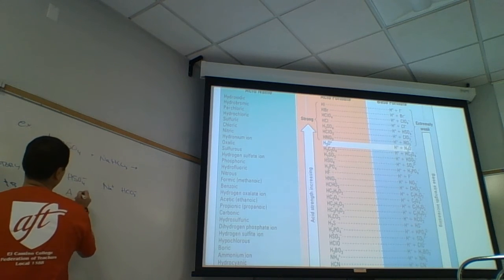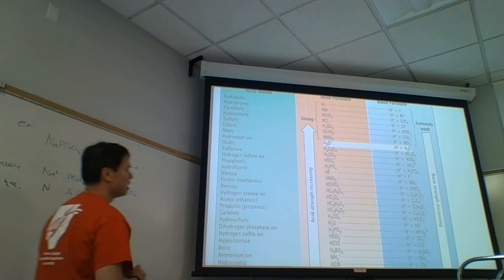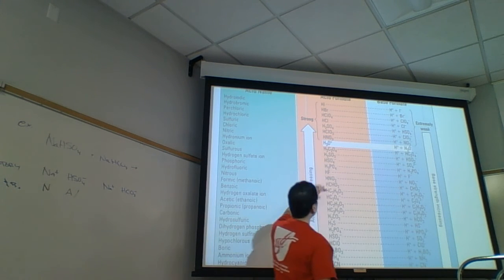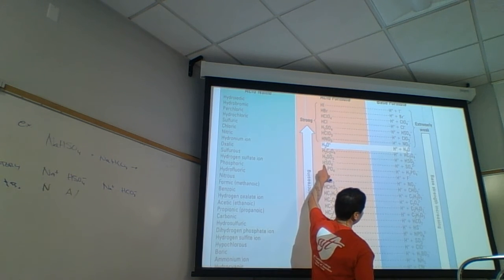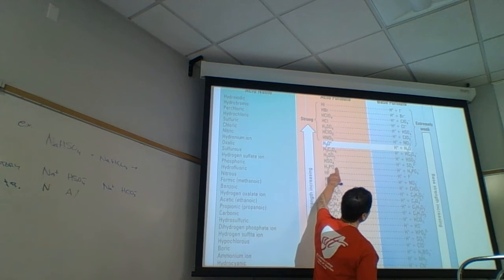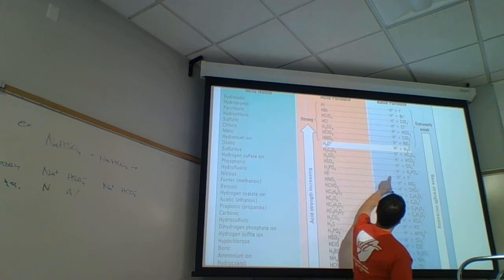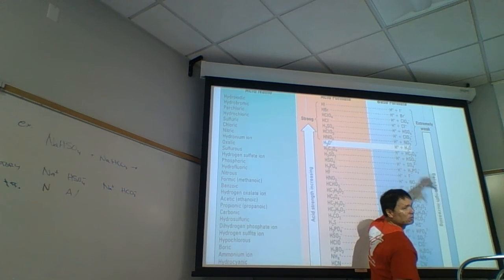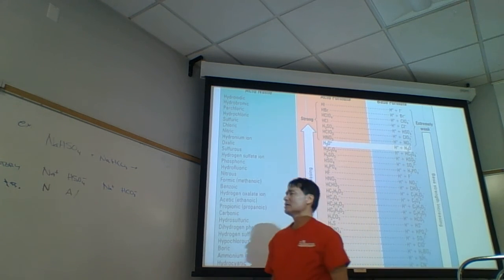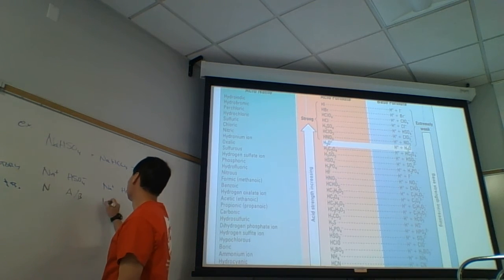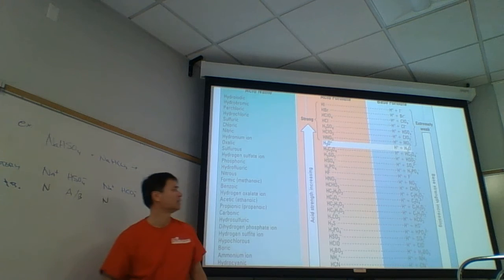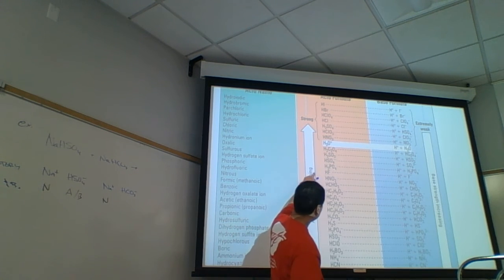But I need to look at this chart once in a while because not only is bisulfate on the left side here, it's also on the right side. There, do you see it up there? And so bisulfate is both an acid and a base. Sodium ions are neutral. What about bicarbonate? Let's take a look for bicarbonate.